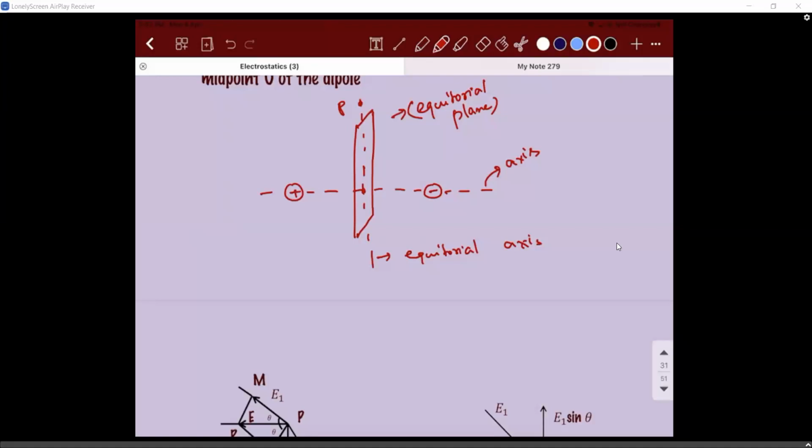You're not actually placing anything, it's all imaginary. It is an imaginary plane. Axis also, will you sit and draw it? Do you think you're going to have a line? No. Molecules are there, that's it. If I have to give a name to that particular line, I'll call it the axis. It is not like you're going to take a plane and cut it. Don't imagine it like that.